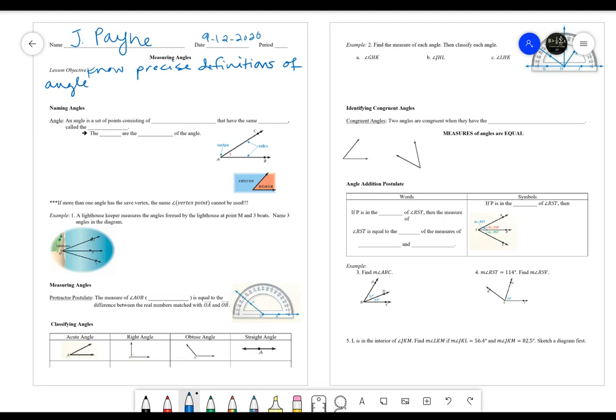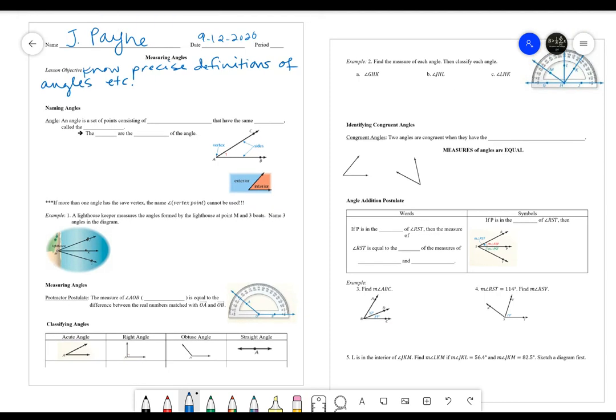Okay, so I'm just going to put angles, etc., based on the undefined notions of a point, line, and a plane. So if you want to follow along, we're starting out in section 1.5, okay?